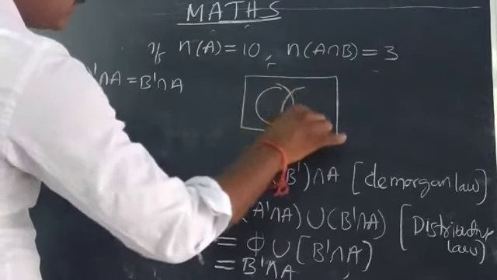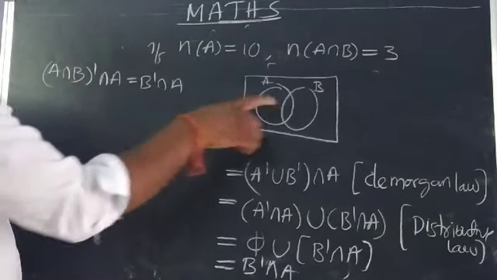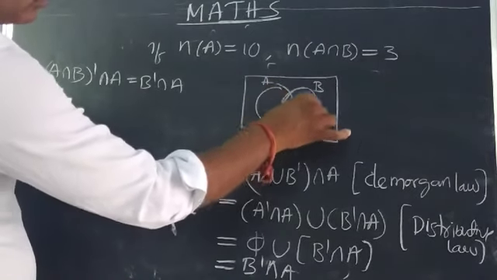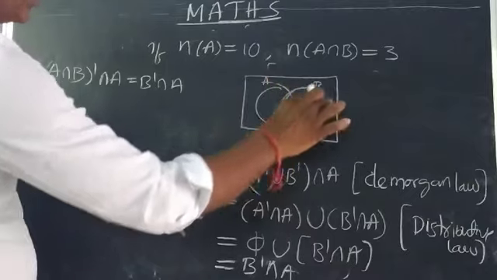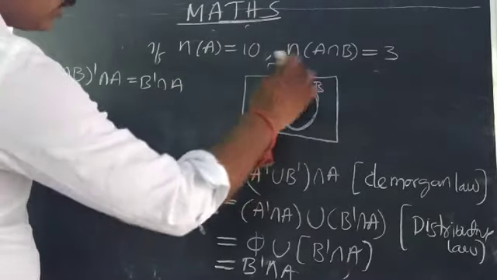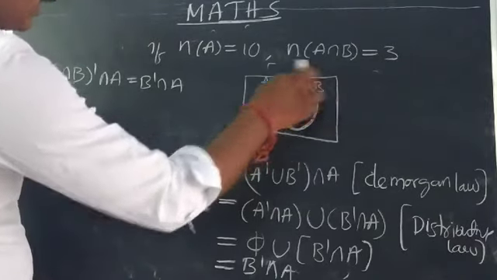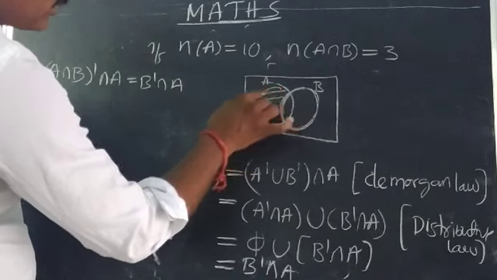This is set A and this is set B. B dash means everything except this B, the total remaining part, including this A part also. Its intersection with A gives you this part.